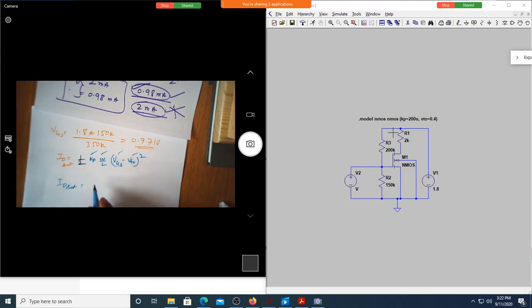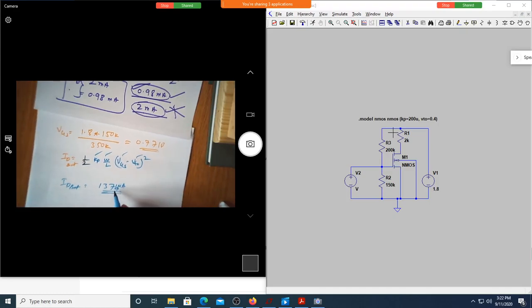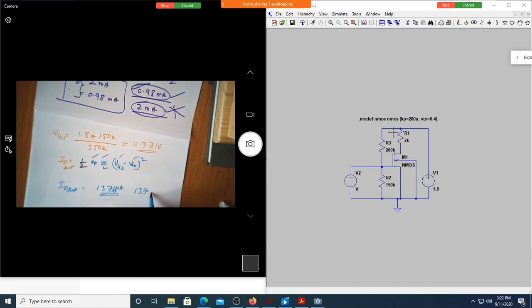Is it not 137 microampere? 137.6 microampere to be perfect. 137.6 microampere is the current.